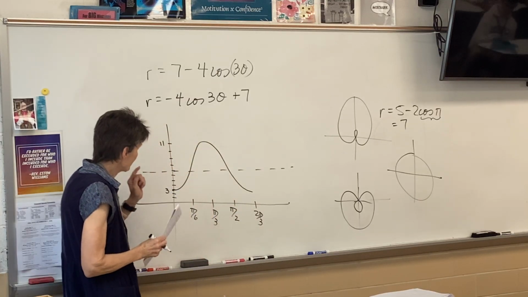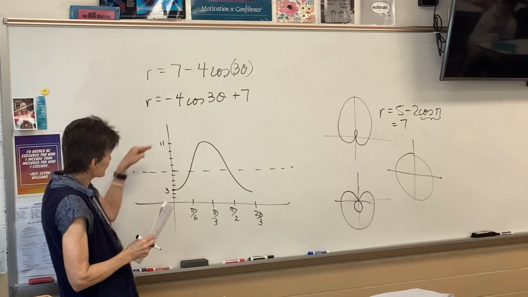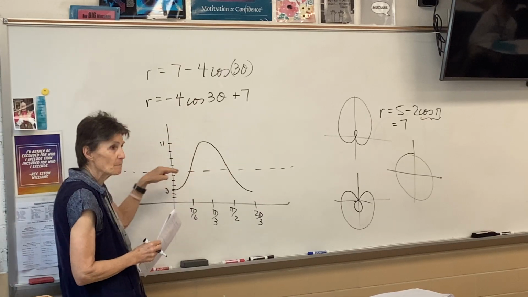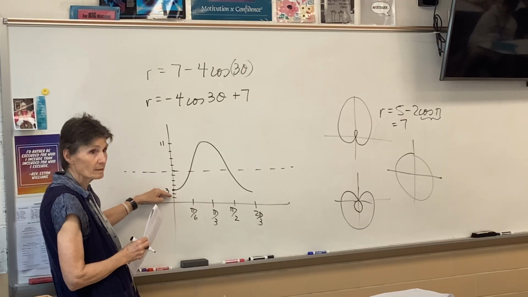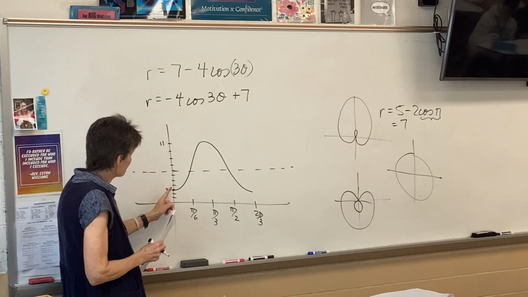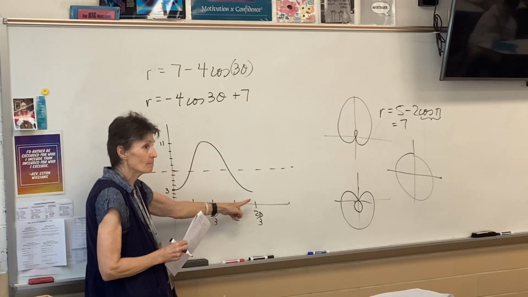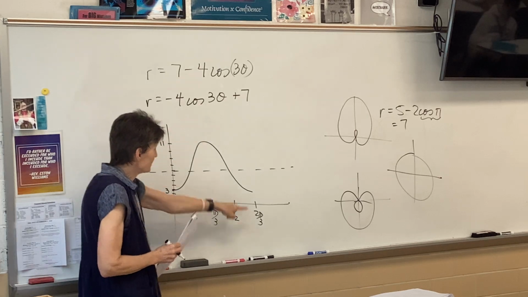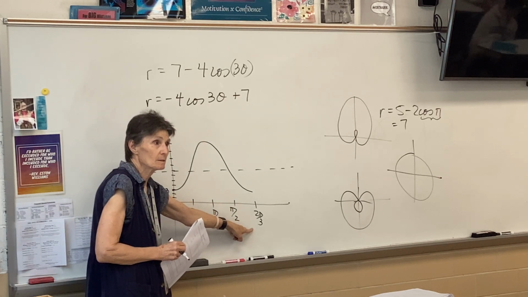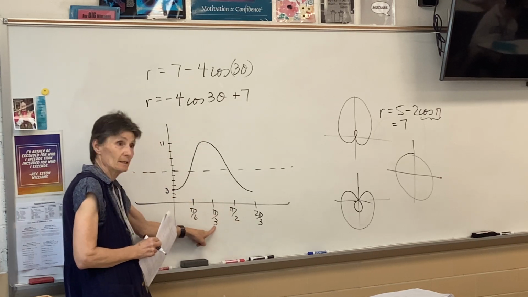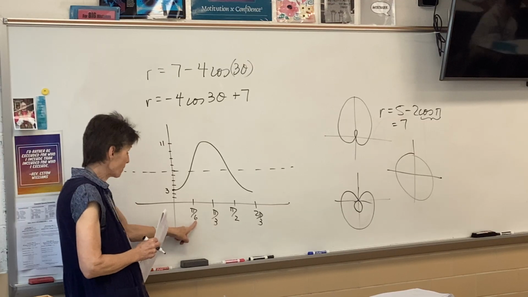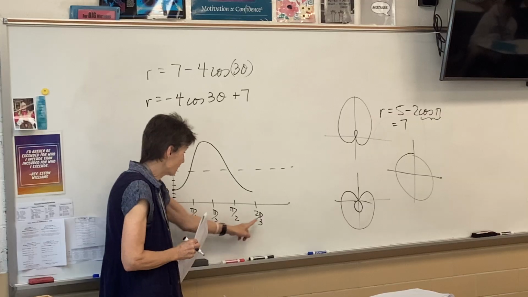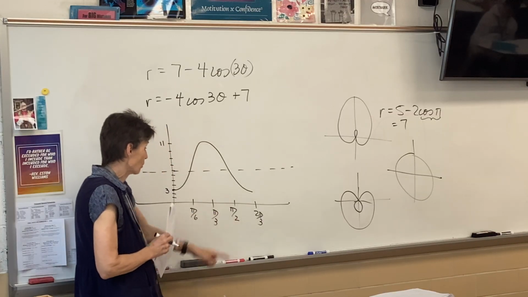Let's make sure everybody followed along. So midline's at 7, everybody good with that? Going up and down 4 from that point. Upside down cosine, period 2 pi divided by 3, which means the middle is pi over 3. And the middle of that is pi over 6. And the middle of that is half a pi.